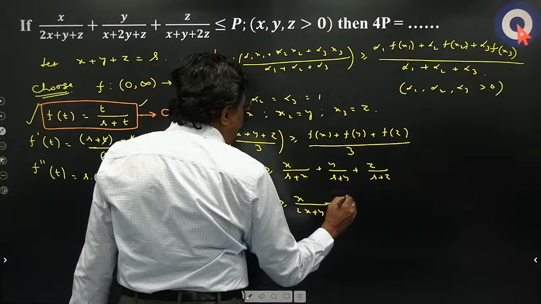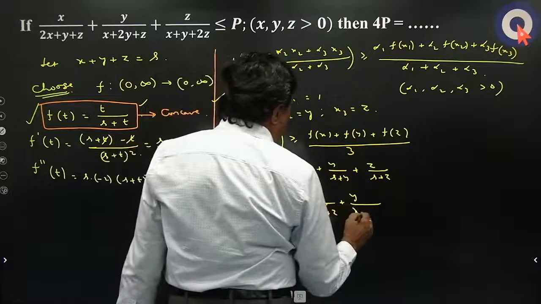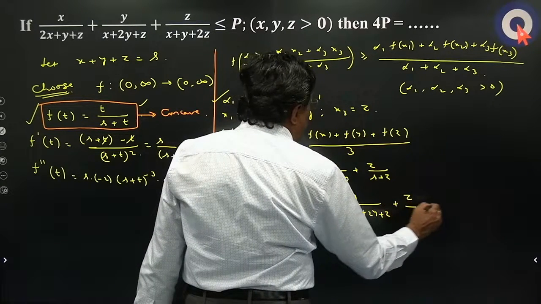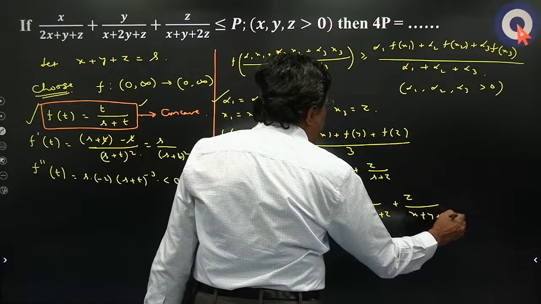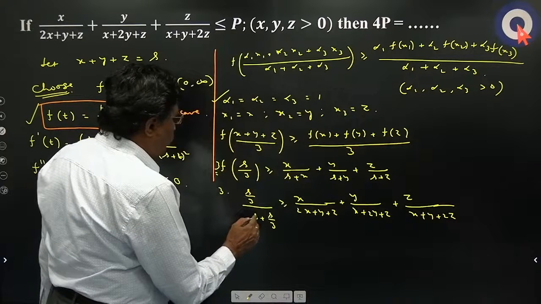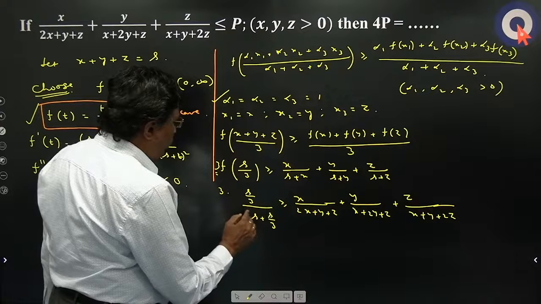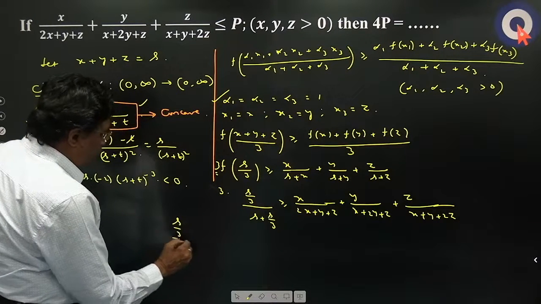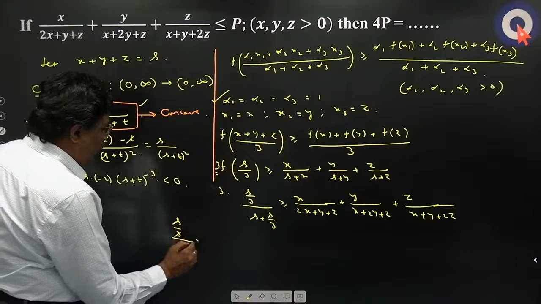See, your inequality is taking shape. Notice this: x plus 2y plus z, plus z by x plus y plus 2z. So this is 4s by 3, and we have s by 3 by 4s by 3. The 3 cancels, s cancels, and you get 1 by 4.